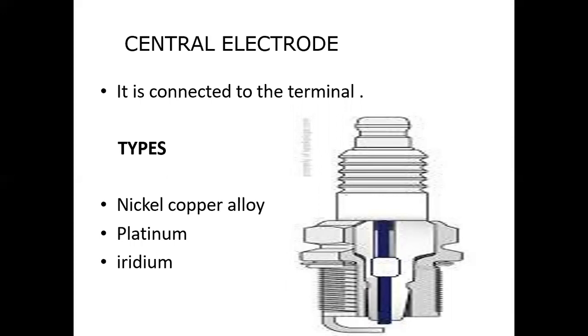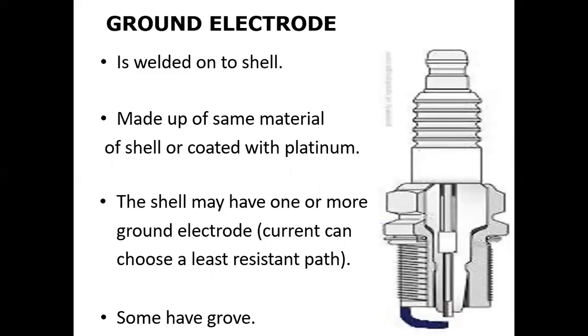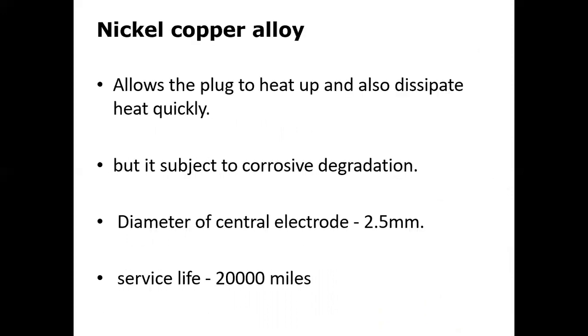There are three types: nickel copper alloy, platinum, and iridium. The ground electrode is welded on the shell, made of the same material as the shell or coated with platinum. The shell may have one or more ground electrodes to choose the least resistance path. Some have a groove.